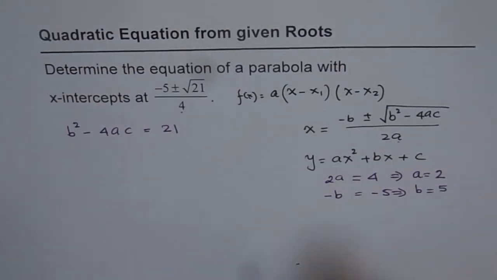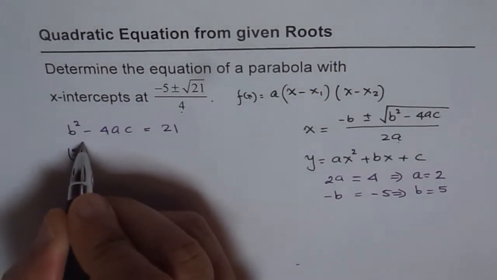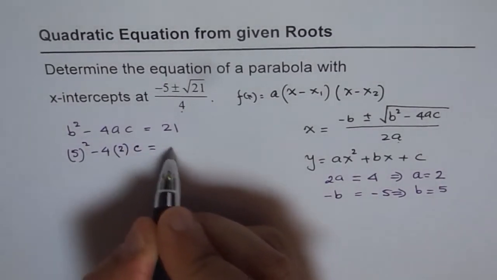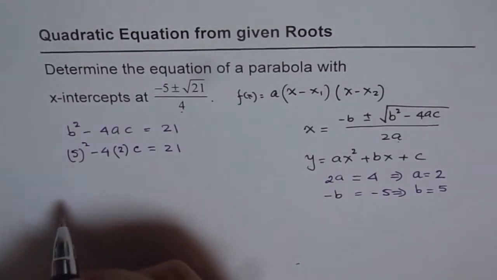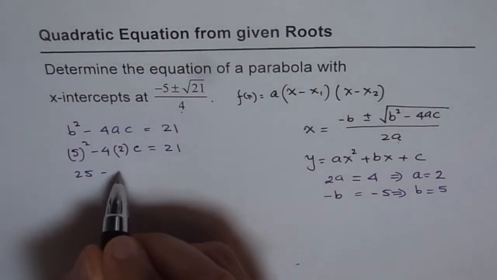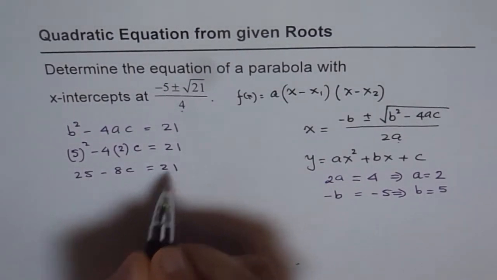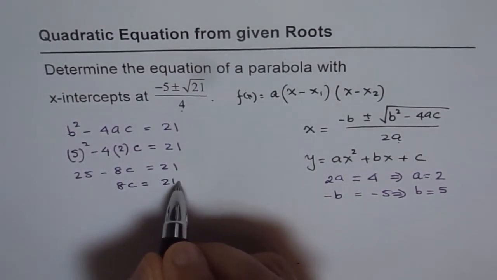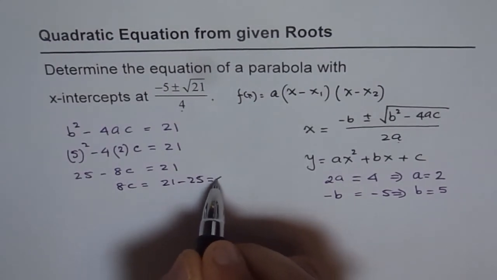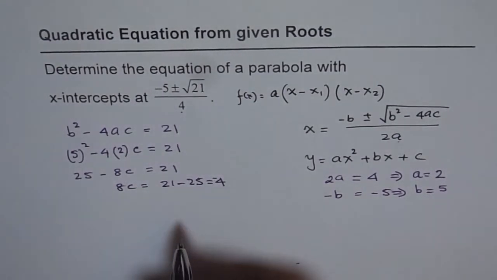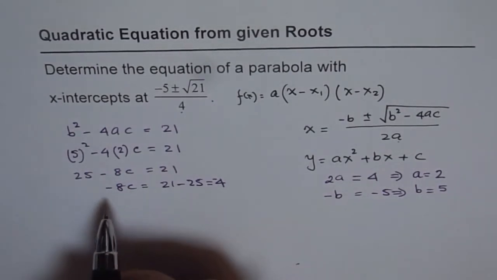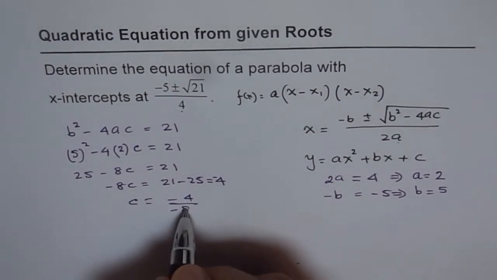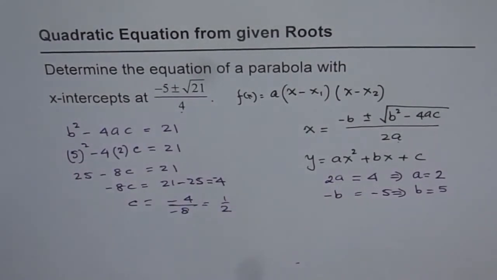So we have 5² - 4 times 2 times c = 21. 5² is 25, so 25 - 8c = 21. So from here, 8c = 25 - 21, that is 4, so -8c = -4. So c equals -4 divided by -8, and that gives us a value of half.